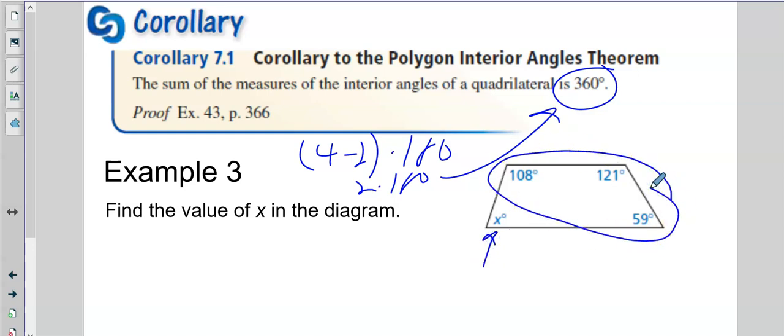So 108 plus 121 plus 59. These total 288. So if we just subtract that from 360, 360 minus 288, we find out that x is equal to 72 degrees.